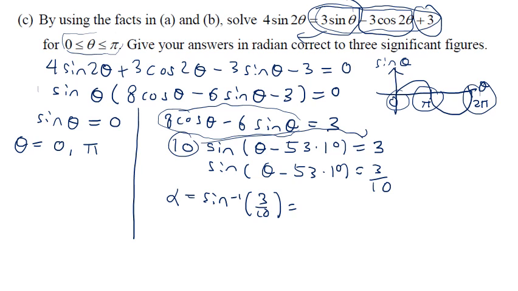So check with your calculator: inverse sine of 3 over 10. So we got 17.457, so 17.46 degrees.